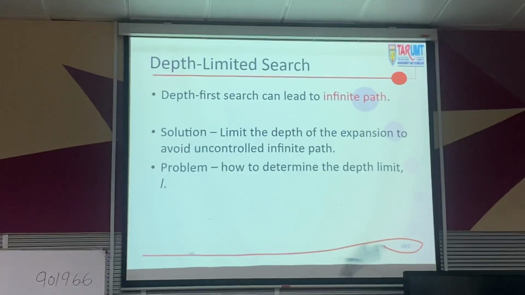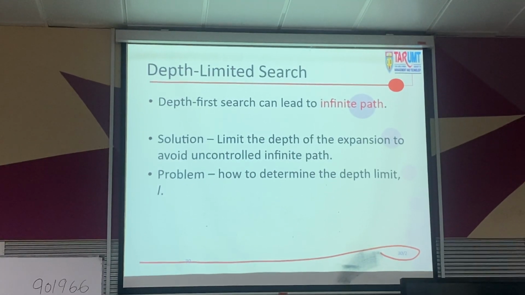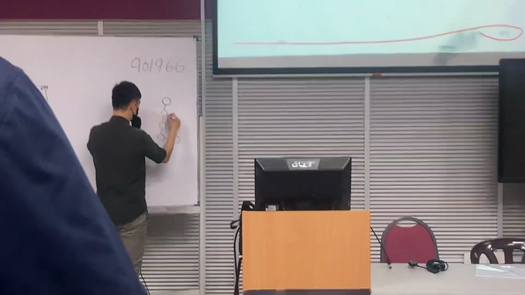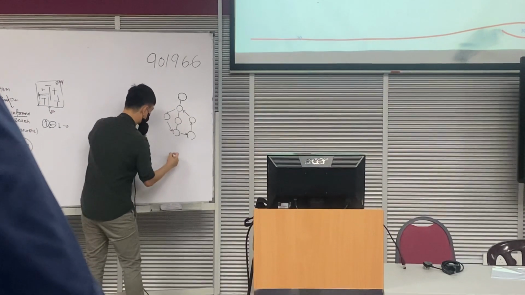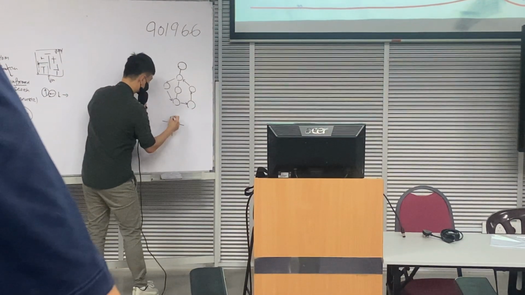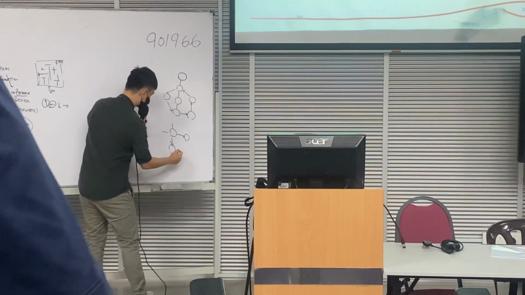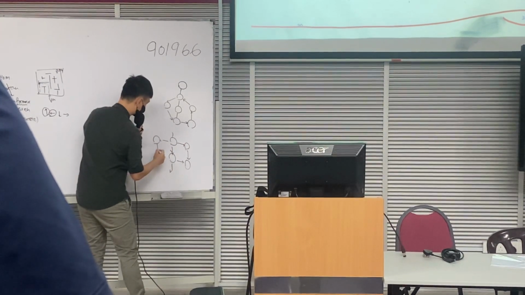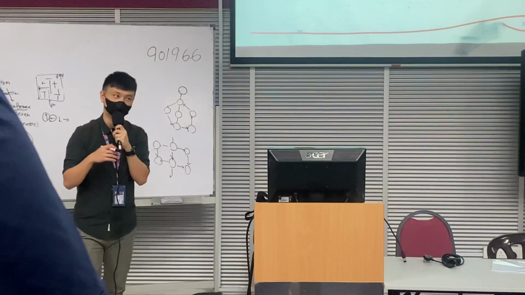So in some state space, you might have a state space that looks like this. It's in a cycle, or sometimes it is infinite. So you have a very big state space. We call it an infinite graph.